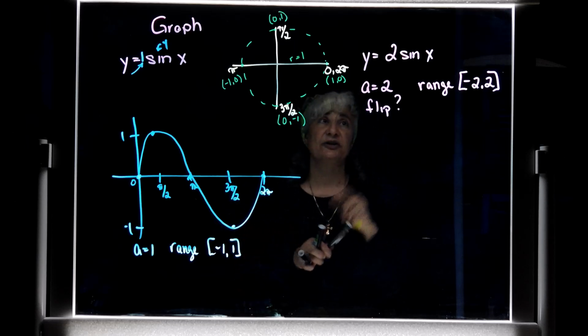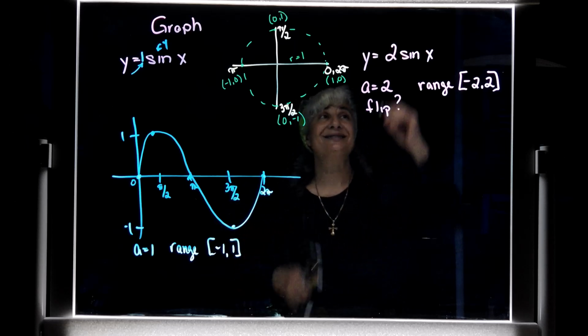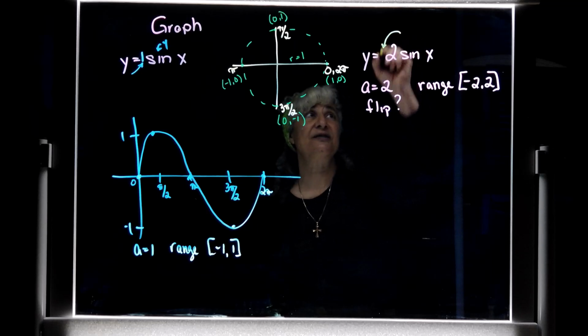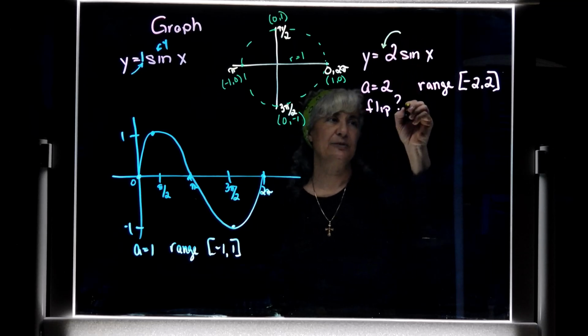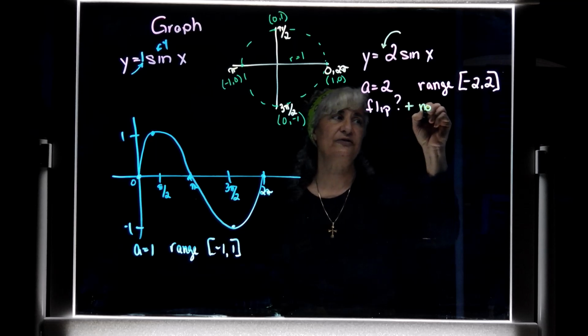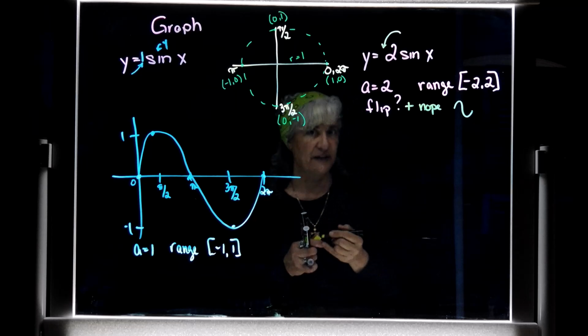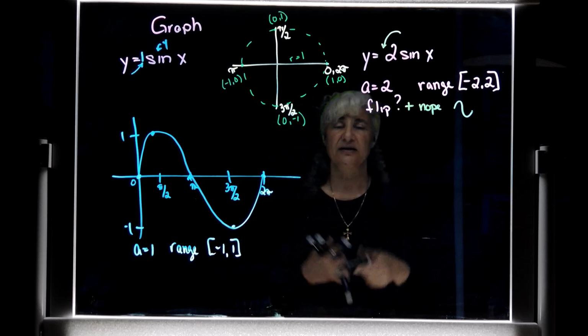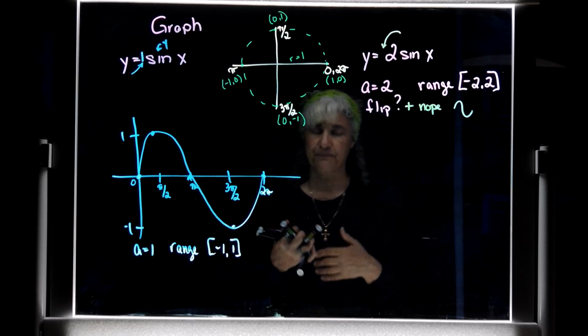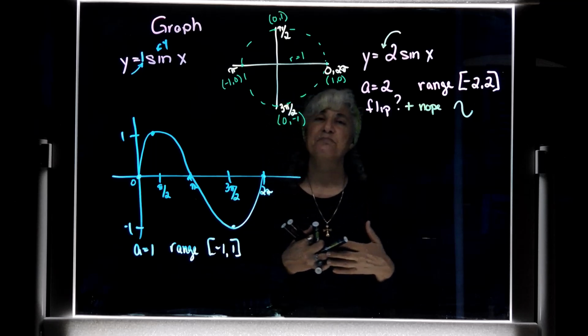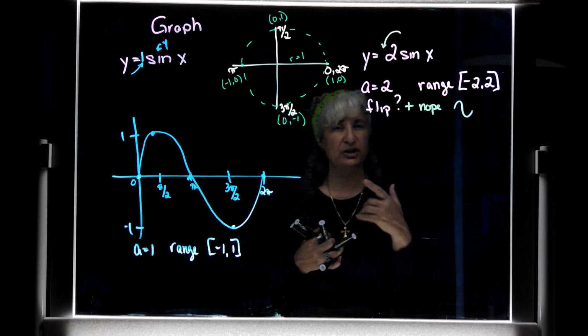Well, same scenario here. What sign is in front of this amplitude? It's a positive, which means it's not going to flip, and the graph is going to be the mountain to the valley graph. That's the graph we're going to get. Cool? Okay.